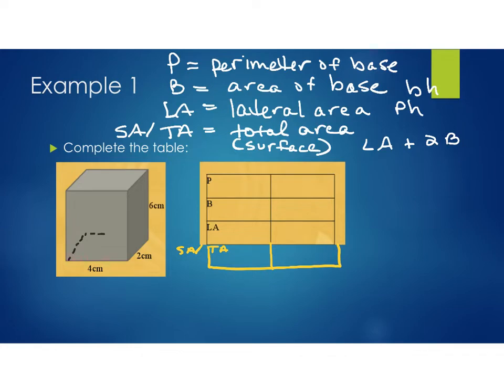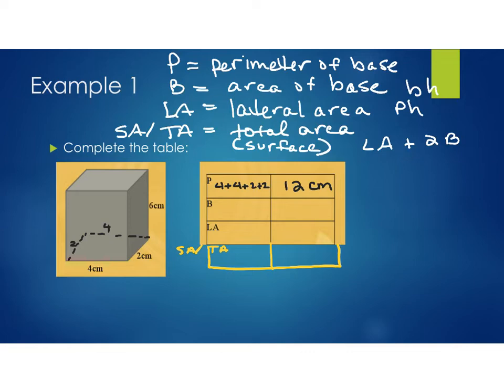Like if I showed this here, I could see this is 2, this is 4. So if I go to find the perimeter of my base, I'm going to add 4 plus 4 plus 2 plus 2, giving me a total perimeter of 12 centimeters.